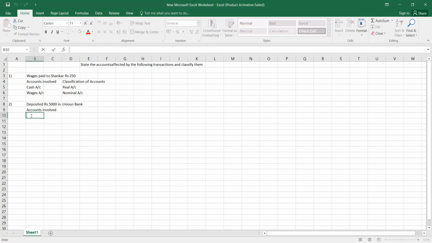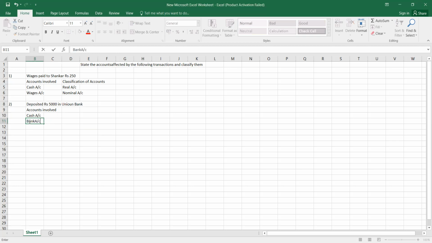Second step is classifying them. You have deposited cash, so your cash has gone out. So the first account involved is cash account. And this cash has been received by the bank, so your second account involved is the bank account.